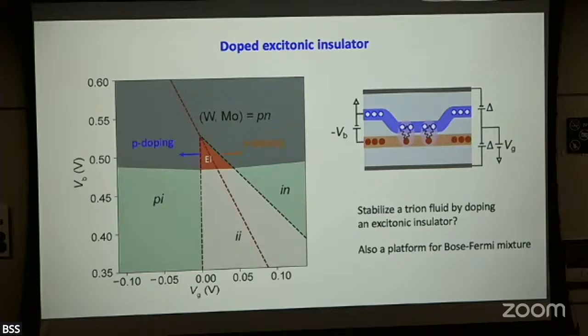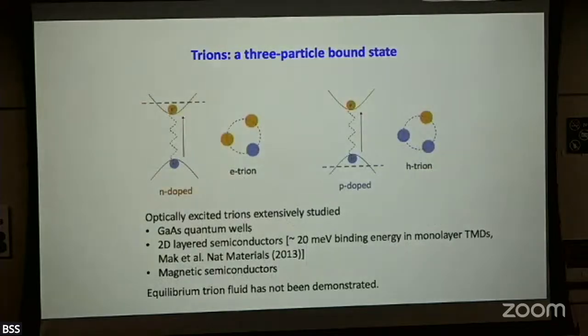And this is something that in optics or semiconductors, people call a trion. Trions are pretty well known in optics, when you optically excite or dope the semiconductors, when the doping density is relatively low, you can think about forming some kind of 3-particle bound states. And in many different materials, they have been seen. But trions in thermal equilibrium have not been seen. So this gives us a chance to do that.